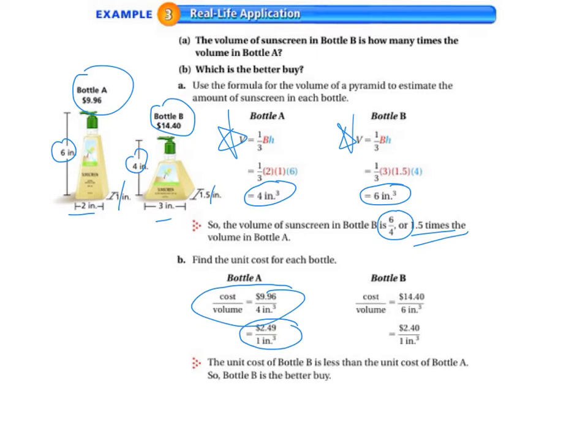And when we do that for bottle B, we have $14.40 divided by 6, and that turns out to be $2.40 per cubic inch. So the unit cost of bottle B is less than the unit cost of bottle A. So bottle B is the better buy.